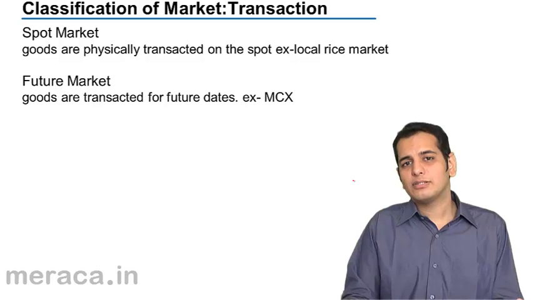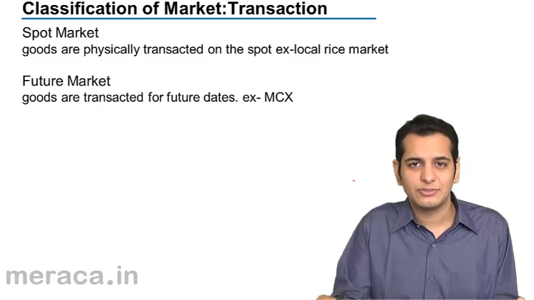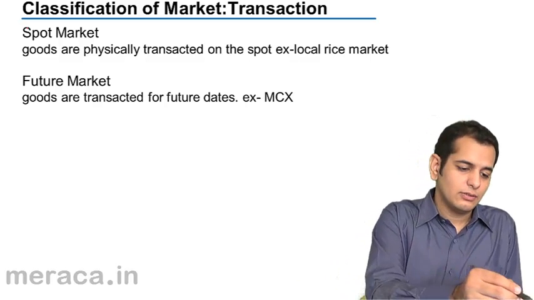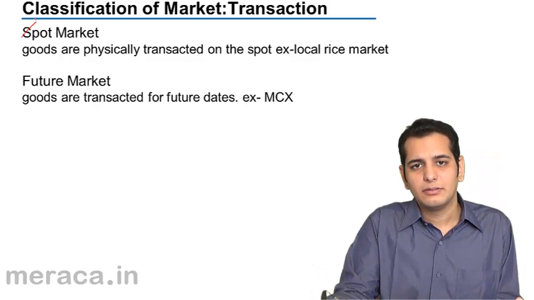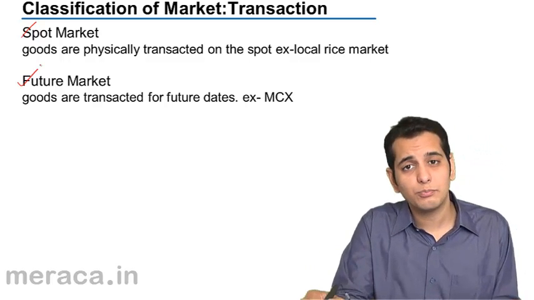The next type of classification is the classification on the basis of transactions. On the basis of transactions, the market is divided as spot market and future market. Now, what is a spot market?